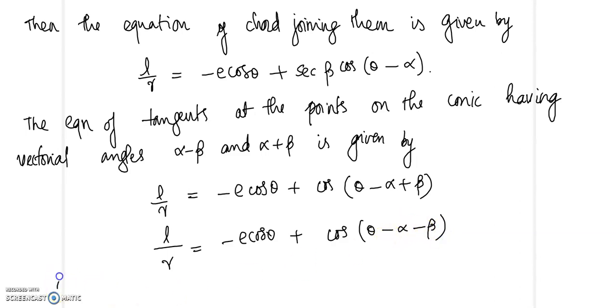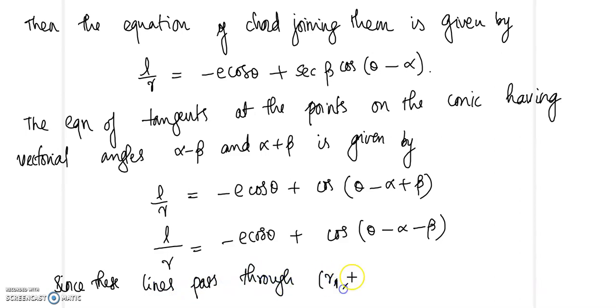Now, since these lines pass through r1 theta 1, the equations are satisfied when you substitute r1 theta 1. So replace r by r1 and theta by theta 1.